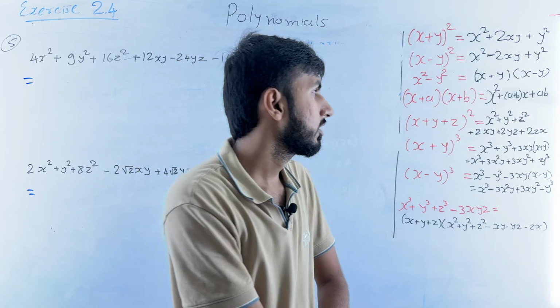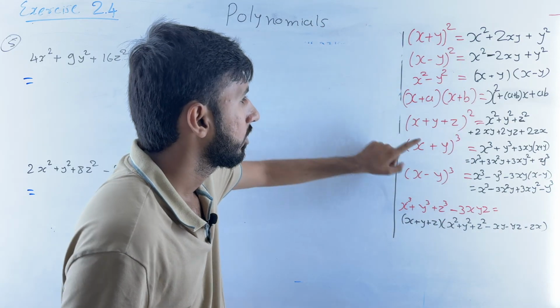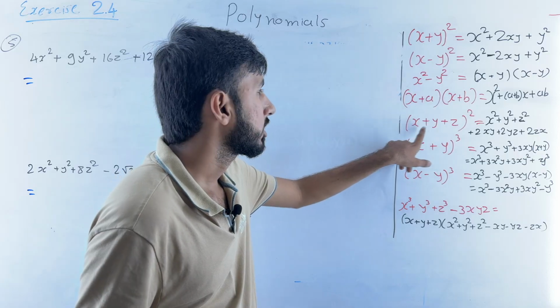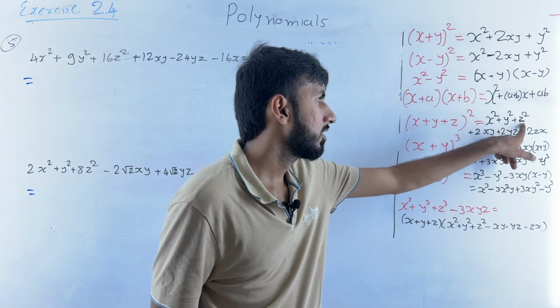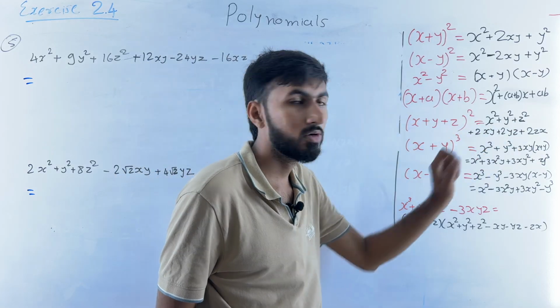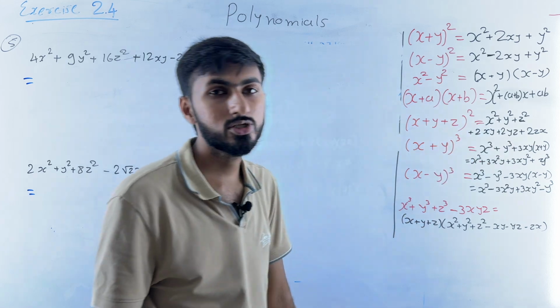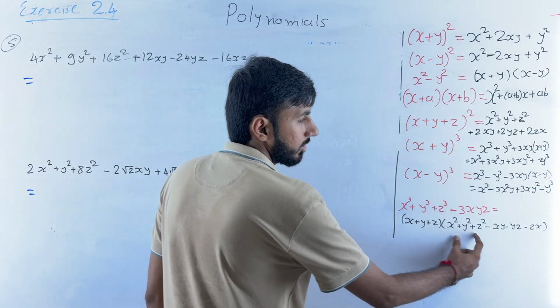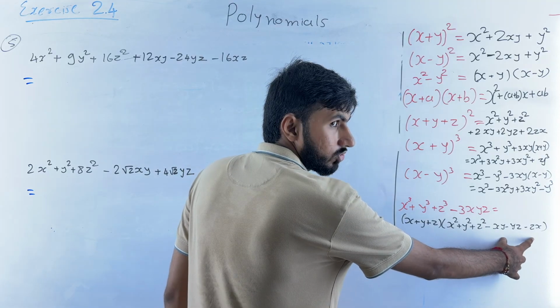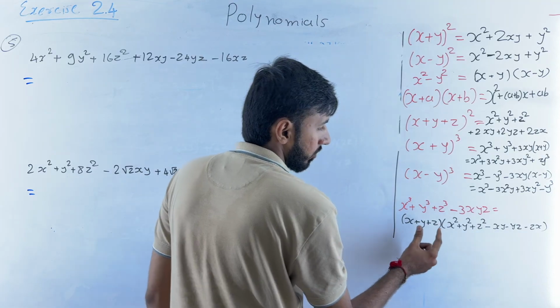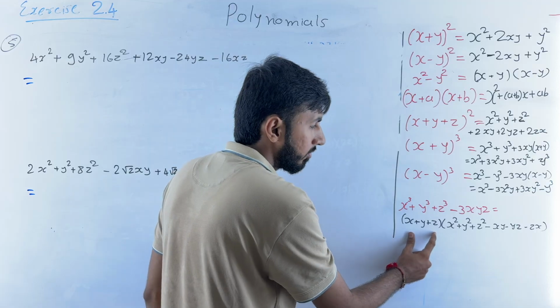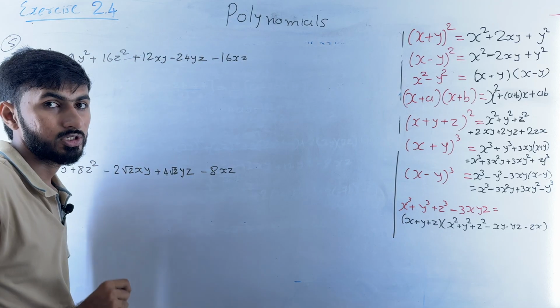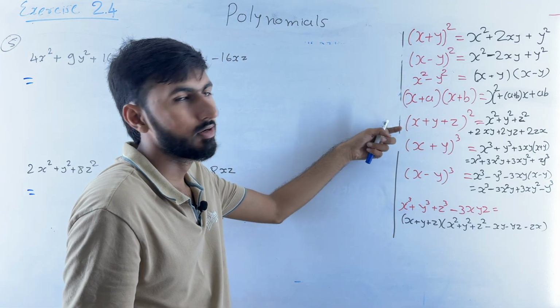So if you compare it with your identities, you can see I have in this identity x plus y plus z whole square, square of 3 terms and 3 more terms also in which I have multiplication of the variables, right? In this question I have square of 3 terms and other 3 terms also, but I don't have one bracket in the question, so I have to use only this identity, right?